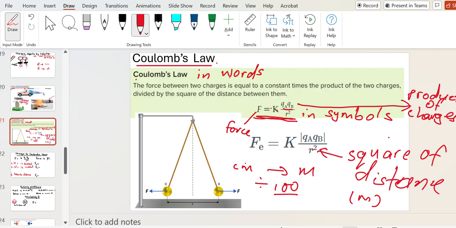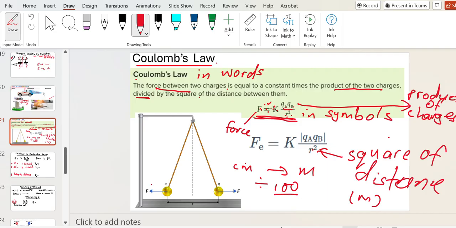You have to know to describe this equation in words. You will say the force between charges equals a constant times the product of the two charges, divided by the square of distance. Simple. You get yourself some marks.